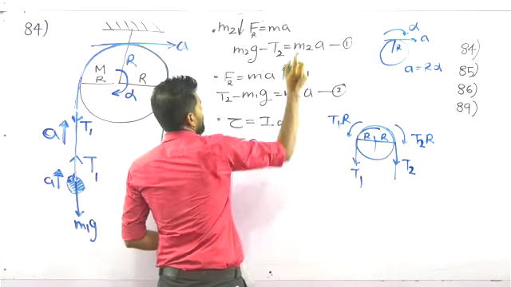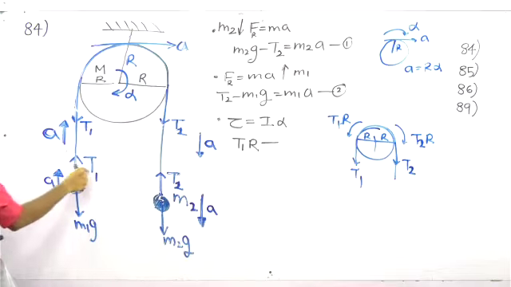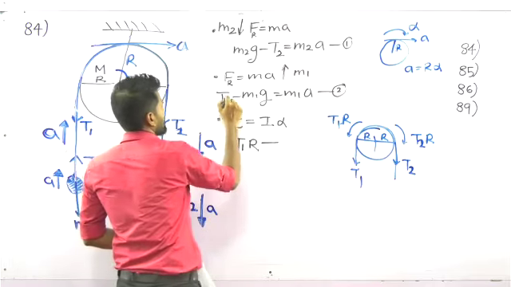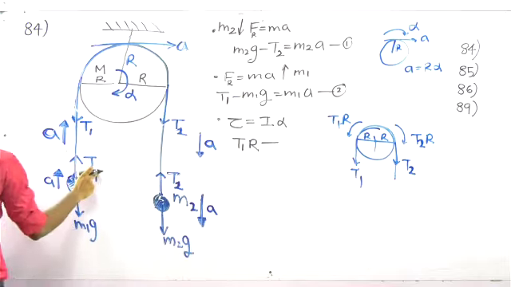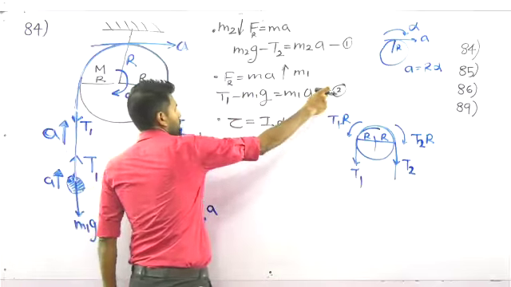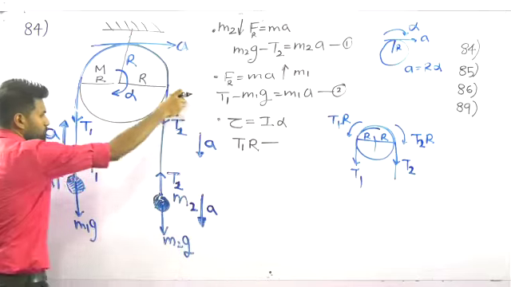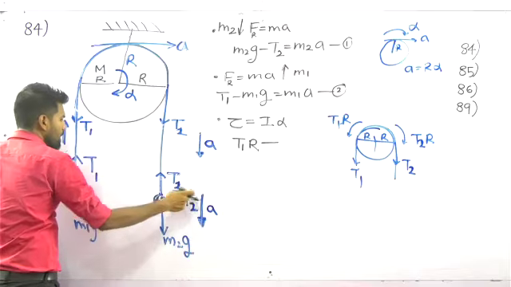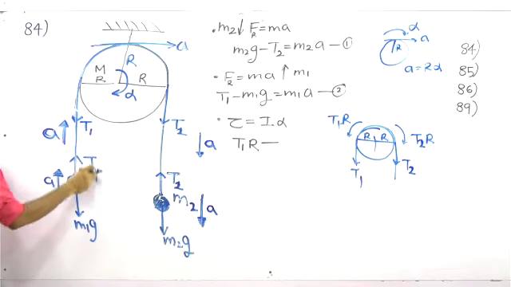On this side, let's make T1: T1 minus M1g equals M1a, the second equation. So on this side, M2g minus T2 equals M2a downward. On this side, T1 minus M1g equals M1a.